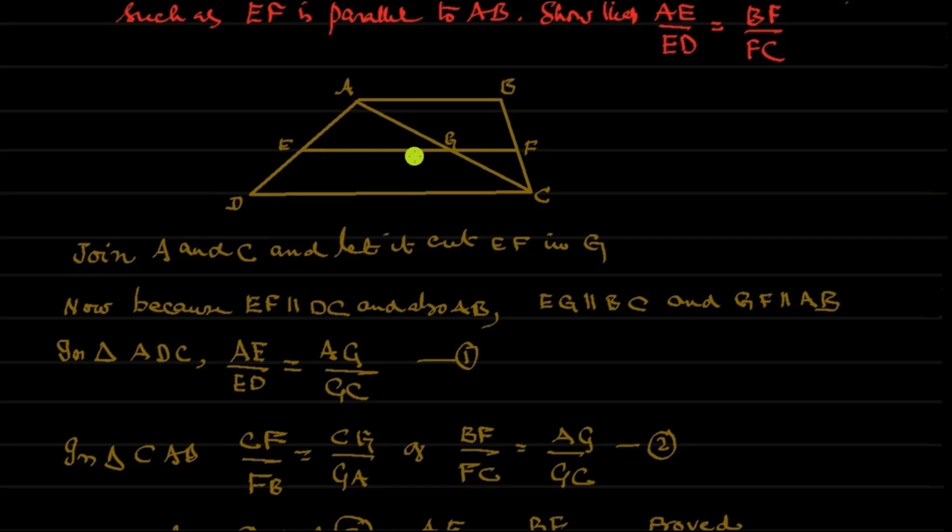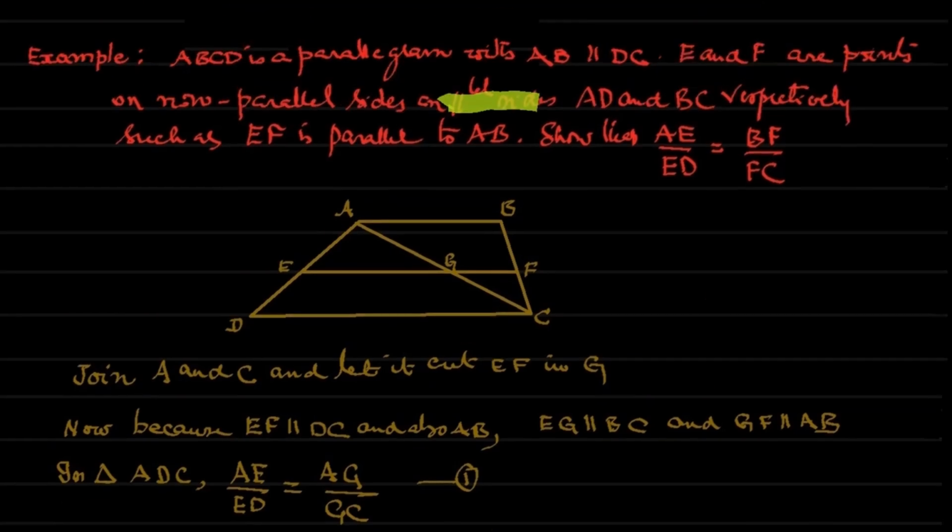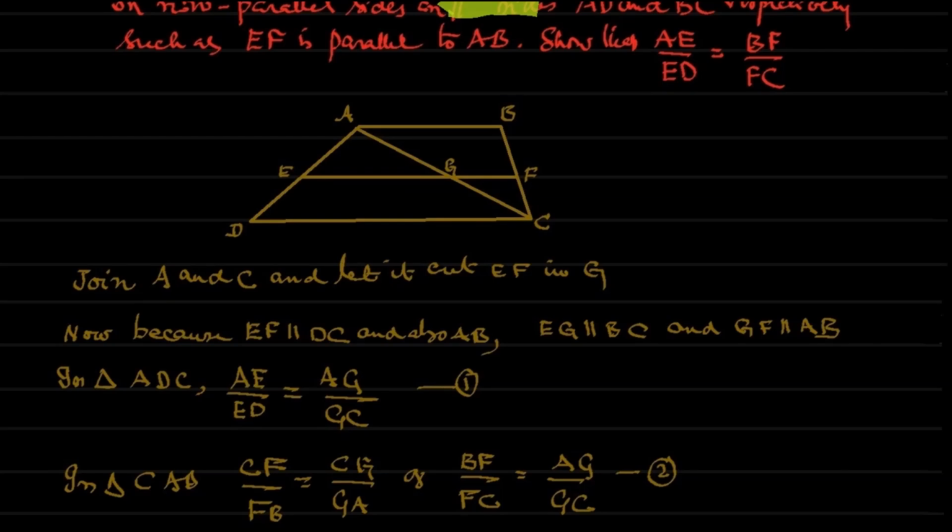Now, what is given here? EF parallel to DC is given.